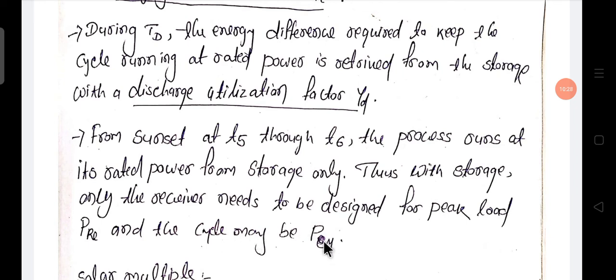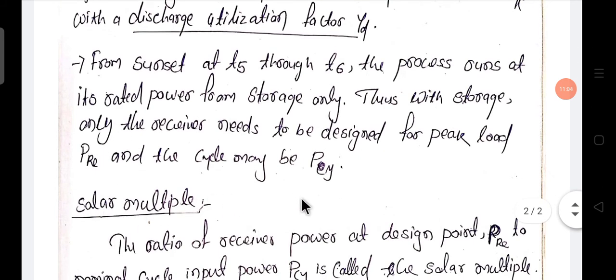That means in T5 and T6, since the process is running by using only storage, the receiver needs to be designed for peak load, and the cycle may be PCY. Remember this, PRE and PCY.